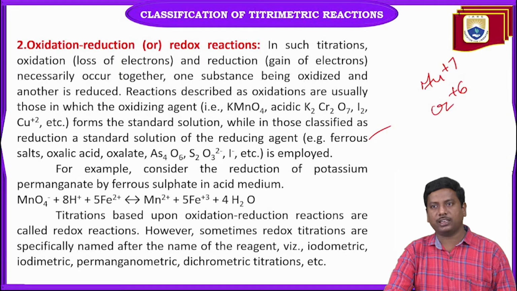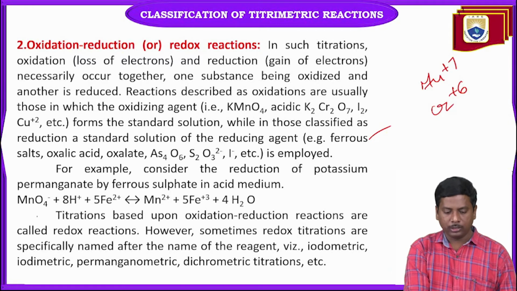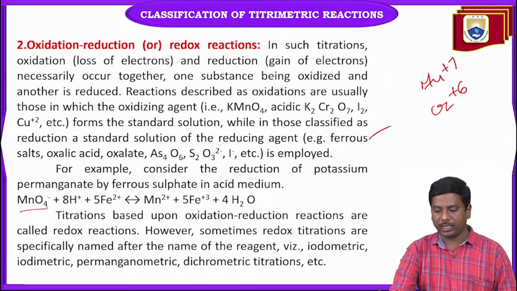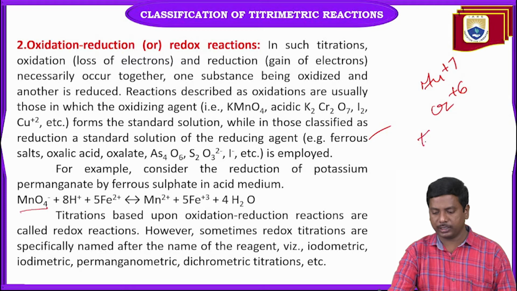So for example, consider the reduction of potassium permanganate by ferrous sulfate in acidic medium. This is the permanganate ion coming out from potassium permanganate KMnO4, K plus and MnO4 minus.